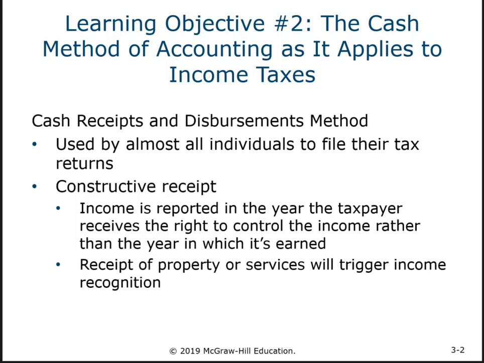Or if they give you an object or something other than cash, it still applies when you have control of that. That is income based on the value of that item.